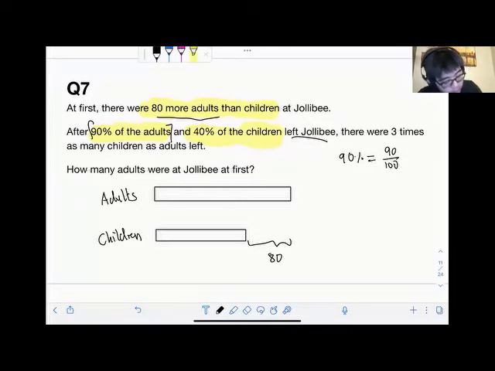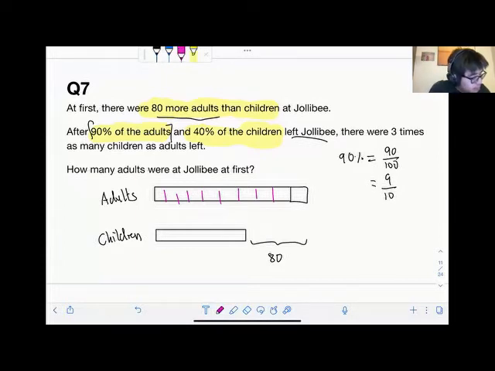But, you know, we can also simplify and say 90 over 100 is the same as 9 over 10. Kaya maghahati po tayo ng 10 boxes dito sa mga adults. 1, 2, 3, 4, 5, 6, 7, 8, 9. And 90% of the adults left. So 1, 2, 3, 4, 5, 6, 7, 8, 9 left Jollibee.